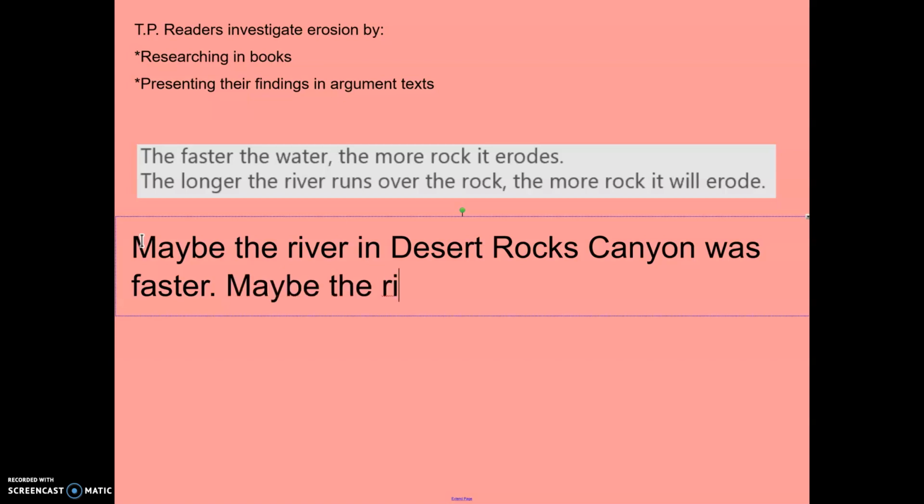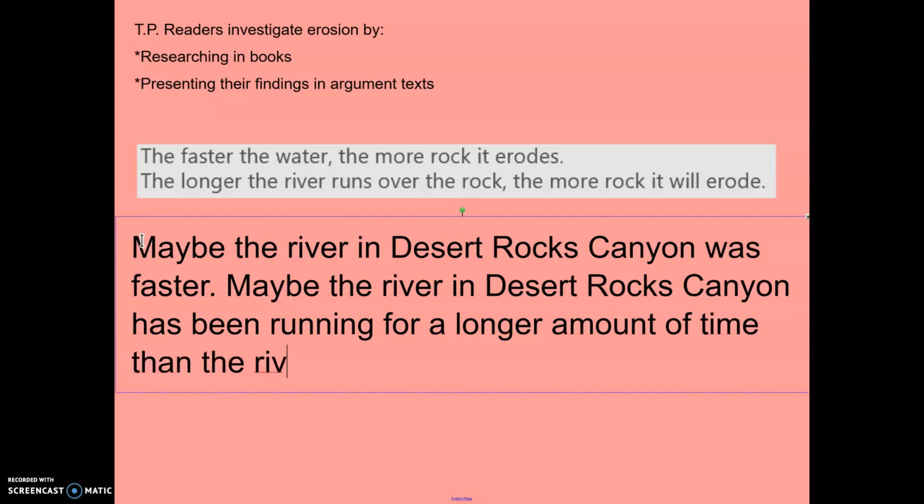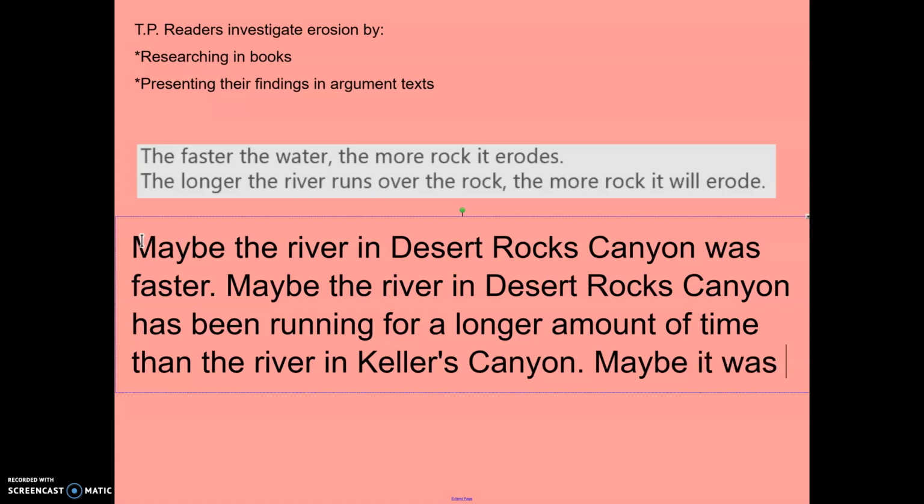Or maybe the river in Desert Rocks Canyon has been running for a longer amount of time than the river in Keller's Canyon. Or maybe it was both of those things. Maybe it was both faster and running for a longer period of time. So we have three options for why there would be more erosion in Desert Rocks than in Keller's.